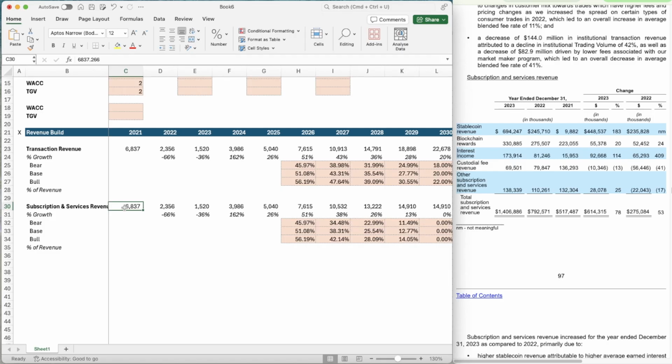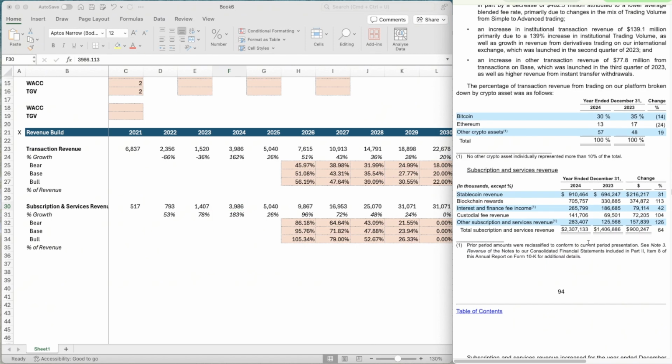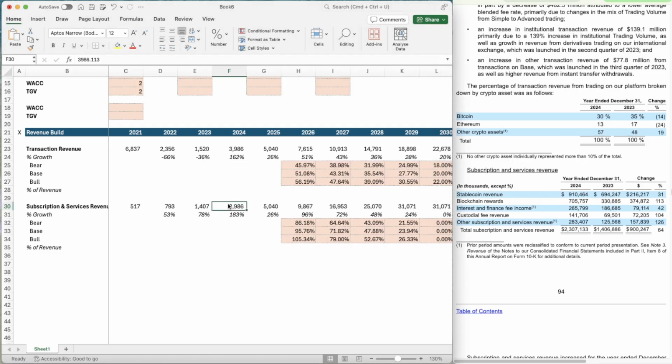So for 2021, they did 517.487, 792.571, over 1.4 billion, 24. Where is it? Three zero seven three.